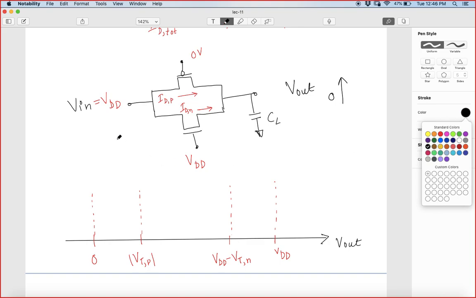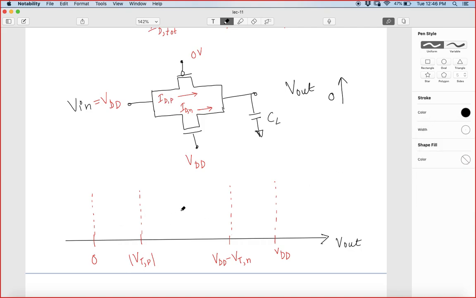Of course this will be different when we take Vin as 0 volt; then this curve will vary differently. So let's try to understand. For the NMOS, this is at zero potential and these two are at the same potential.